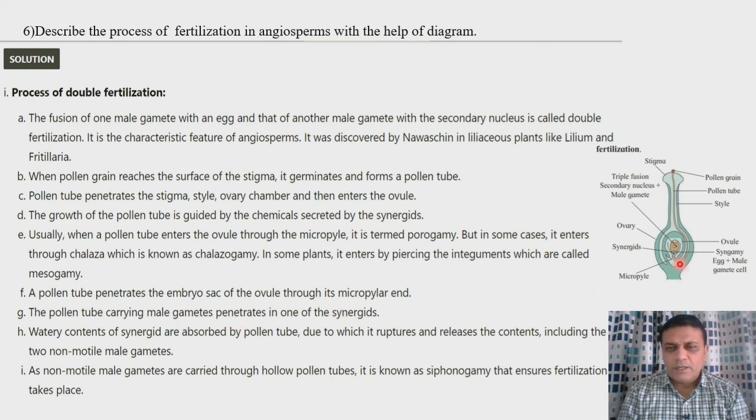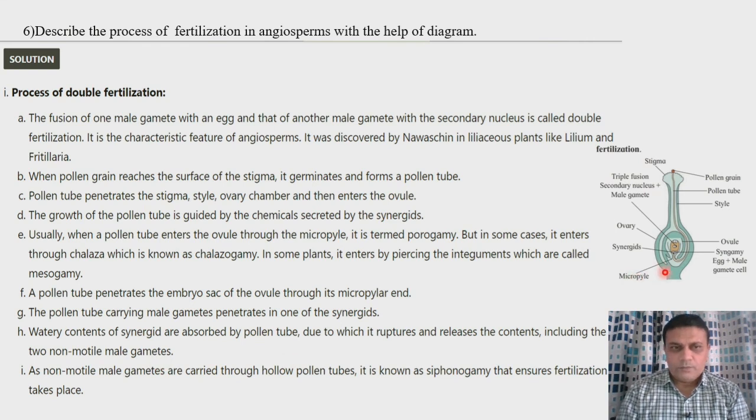The watery contents of the synergids are absorbed by the pollen tube, due to which it ruptures and releases its contents, including the two non-motile male gametes.